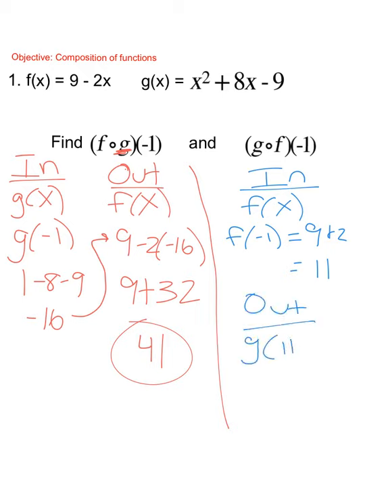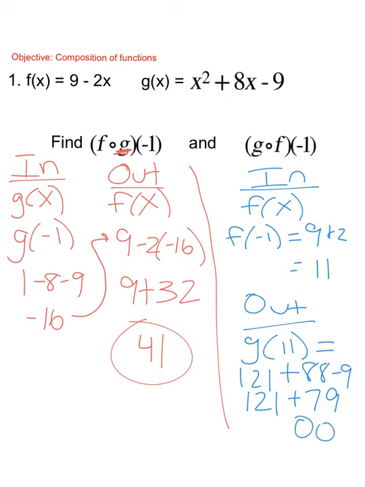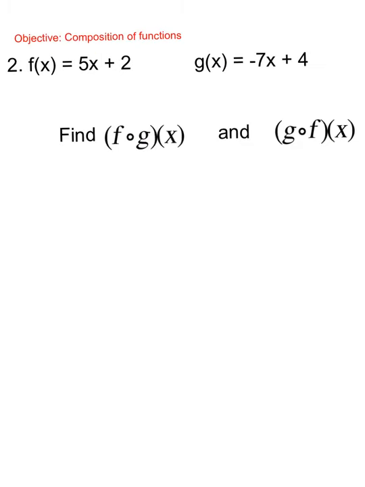So then g of 11, 121 plus 88 minus 9, 121 plus 79, that's 200. That's the answer. So order is very, very important when you're doing composition of functions. You do not get the same number both times.